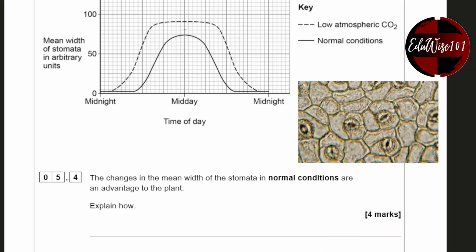That means the rate of photosynthesis should be the highest. For photosynthesis to take place, you need the guard cells to open the stomata so that enough carbon dioxide can go into the plant. Now during the night, obviously, there's no photosynthesis, which means that the stomata can be closed.